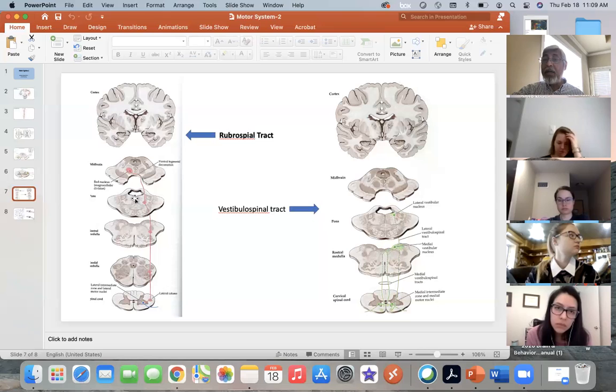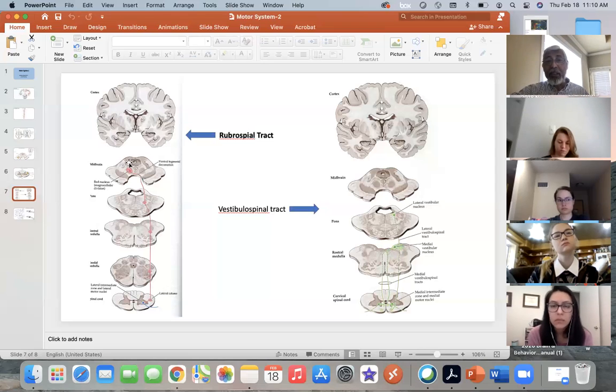We call them reticulospinal. Why reticulospinal? Because they arise from the reticular formation of pons and medulla, and they go to the spinal cord. Now, reticulospinal are of two types. One is pontine reticulospinal, the other one is medullary reticulospinal, because reticular formation is found in two places, right? In pons and in medulla.